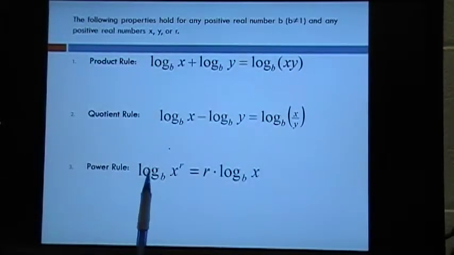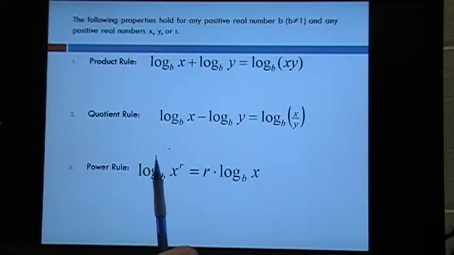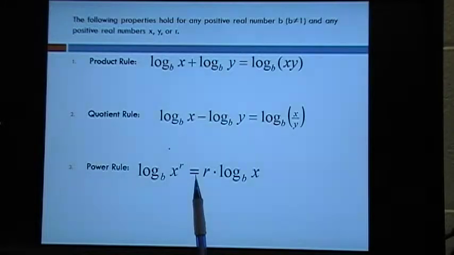And then finally, the power rule: if you have a logarithm where the argument is being raised to a power, you would get the same thing evaluating this as if you multiply log base b of x by that power r. Okay, so let's just work on manipulations.